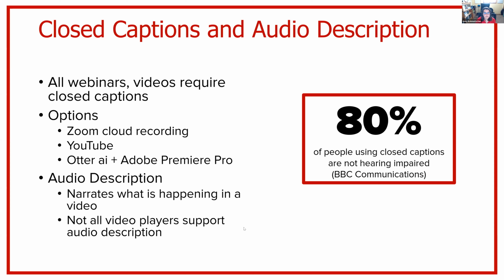With videos, one of the ways that we typically handle videos, at least with LOD, and if you have an existing YouTube account, you can use YouTube to generate captions through artificial intelligence, and that is free. You probably have to check them for accuracy. We do want our captions to be accurate.